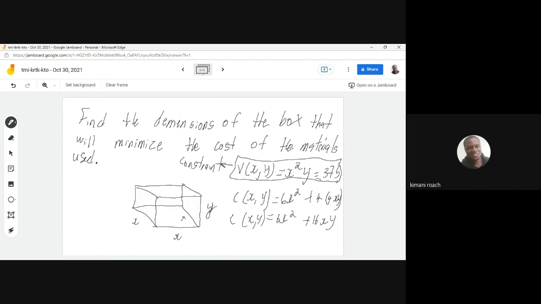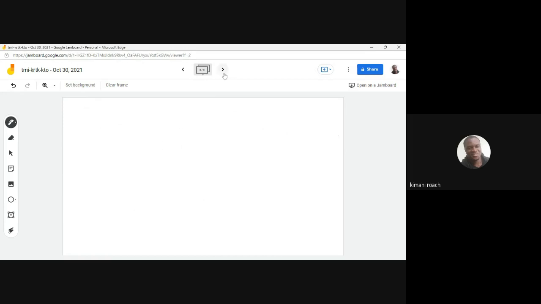And when we want to maximize or minimize something subject to some constraint, in order for us to do so, we must use the Lagrange multiplier.